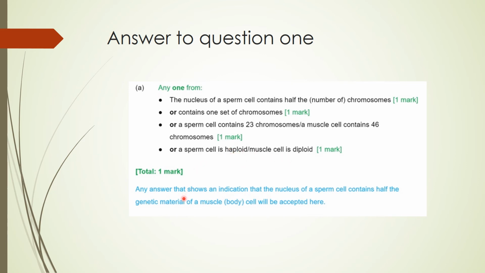It highlights here that any answer that shows an indication that the nucleus of a sperm cell contains half the genetic material of a muscle cell will be accepted, because remember, the sperm cell from the male and the female egg combine to create 23 pairs, but at the moment there's only 23 chromosomes.